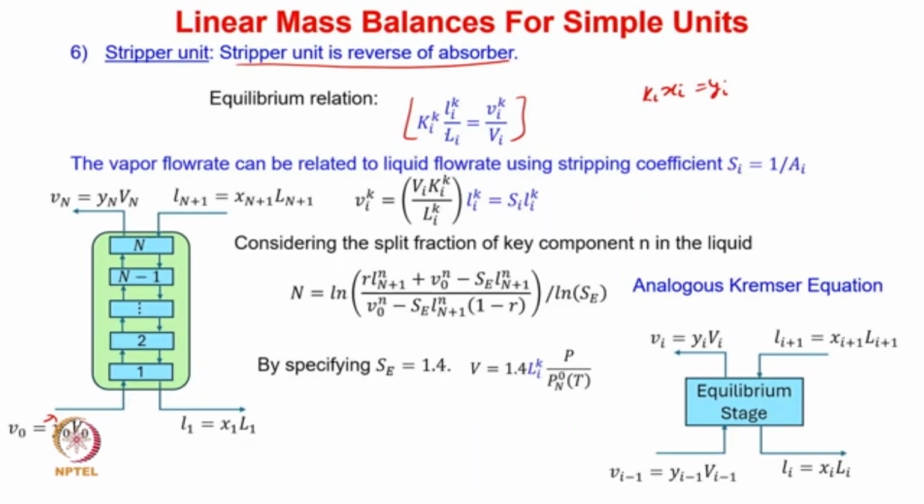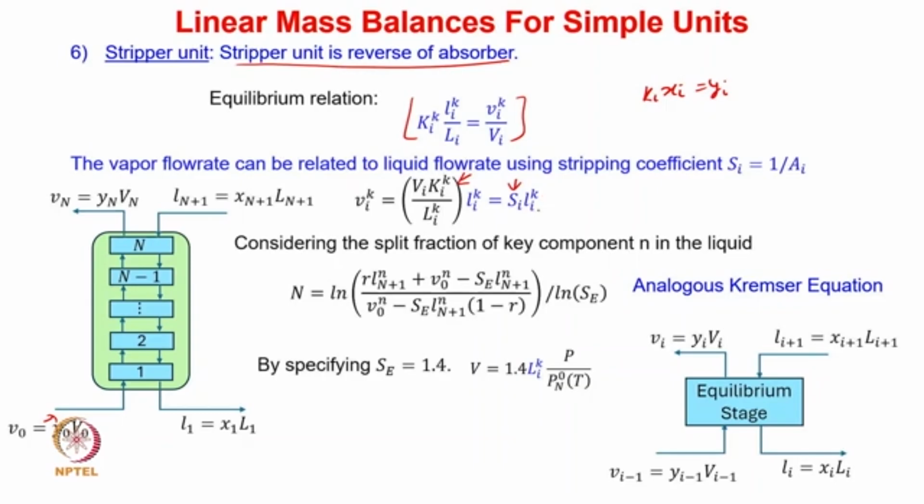We have rearranged this equilibrium relation like this primarily because we wanted to represent Vik as capital Vi Ki divided by Lik, and this entire term we are representing as the stripping factor. This is represented as Si. So Vik is given as Si Lik.